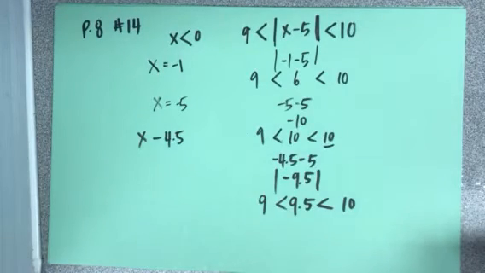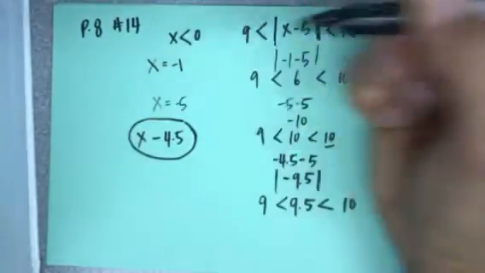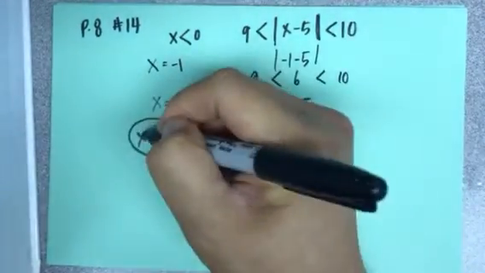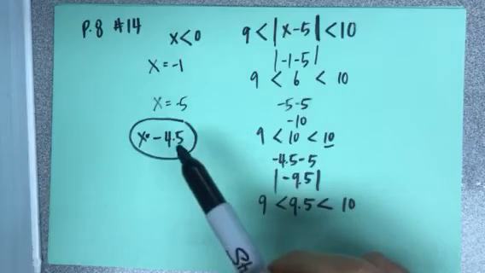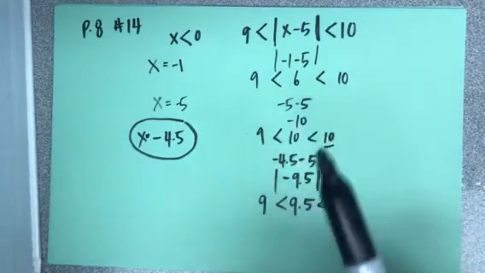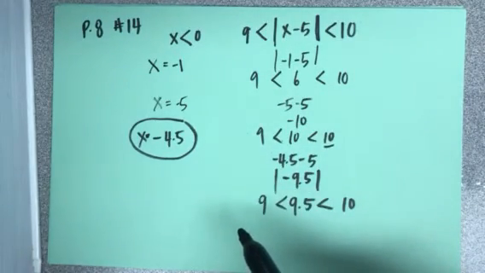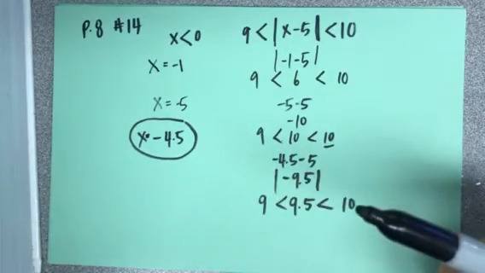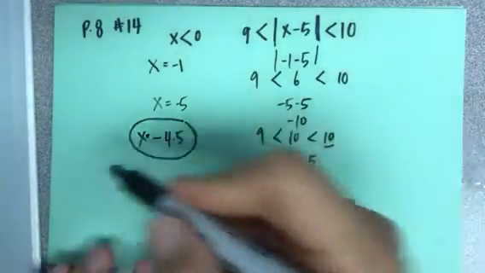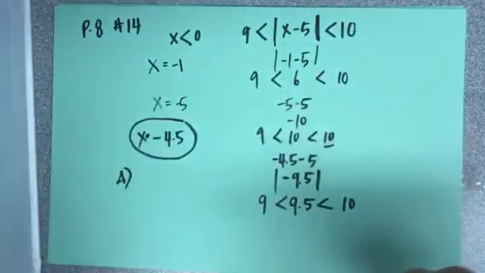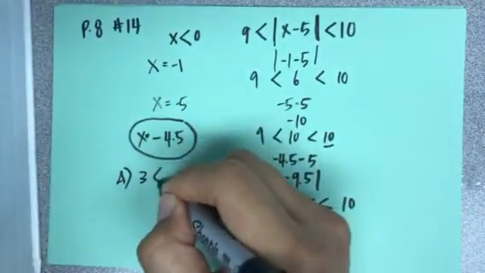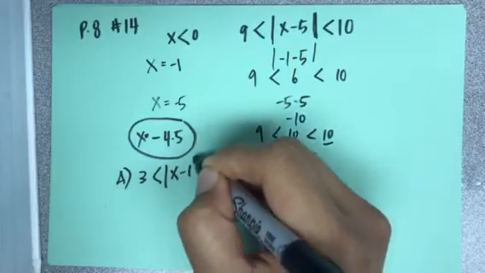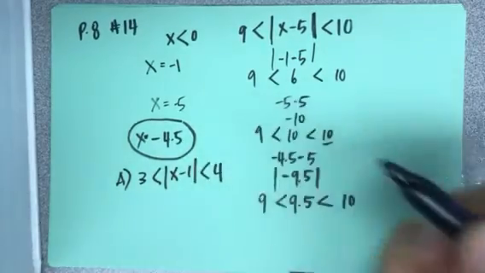So what you have to do is take this number, -4.5, and plug it into A, B, C, and D, and find out which one ends up becoming a true number. Let me just show you why A doesn't work. Answer A states 3 is less than the absolute value of x minus 1, which is less than 4.